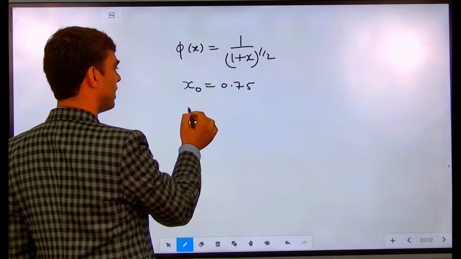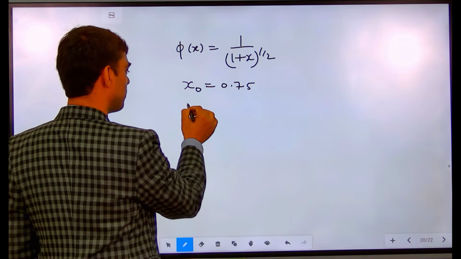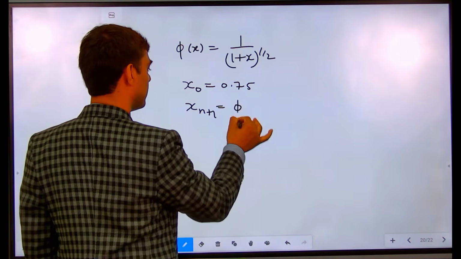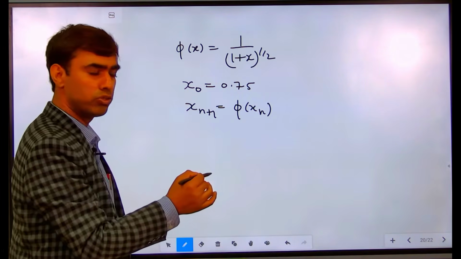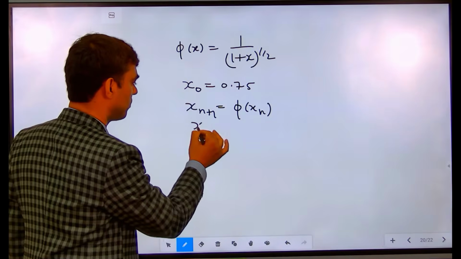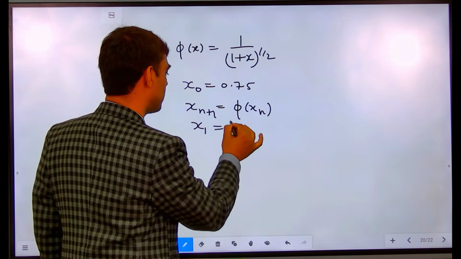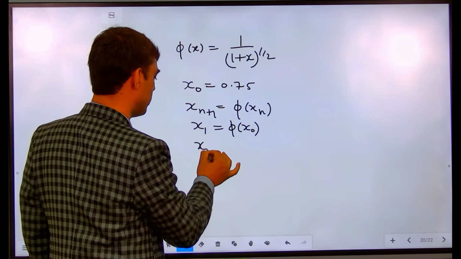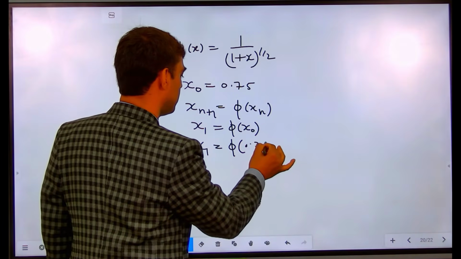So what is the value of x1? Because the iterative scheme of the fixed point method is x n plus 1 equals phi xn. So if we put n equal to 0, this becomes x1, which equals phi x0, that is phi 0.75.